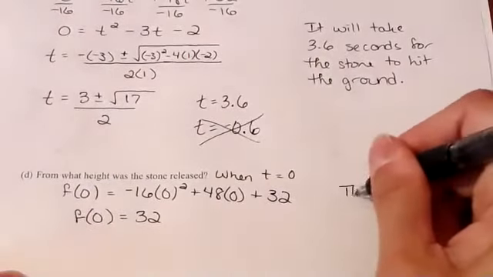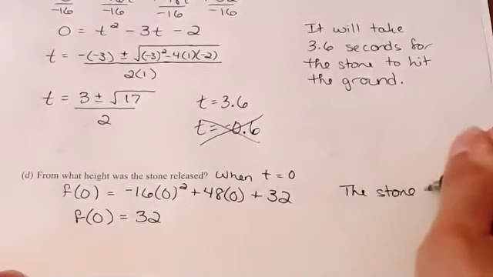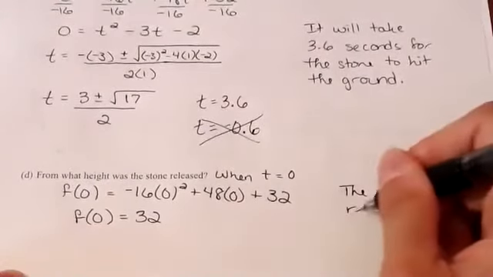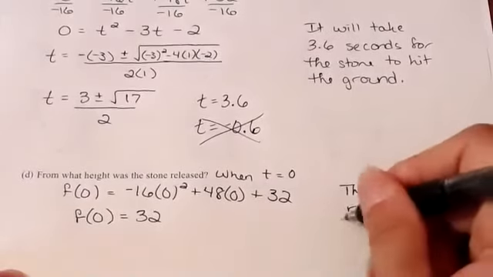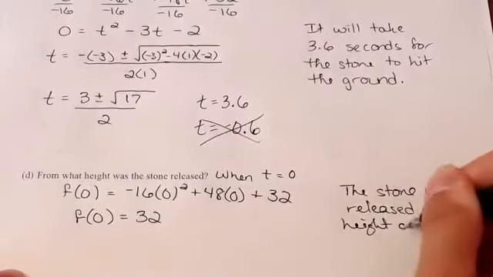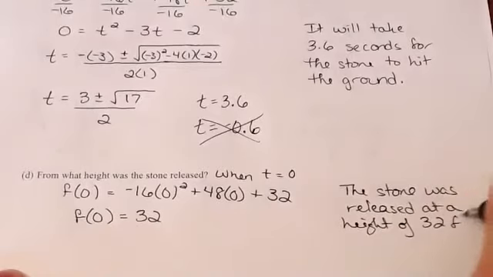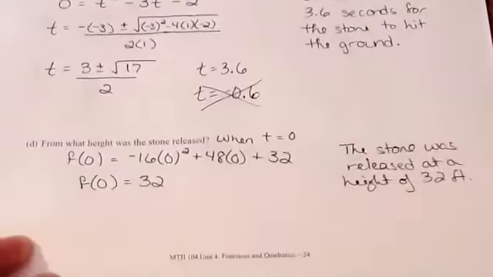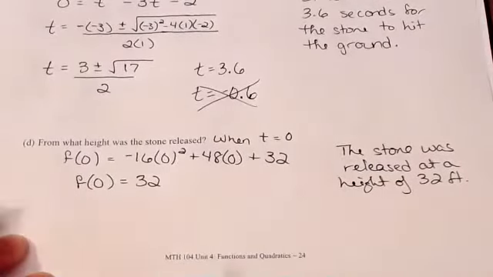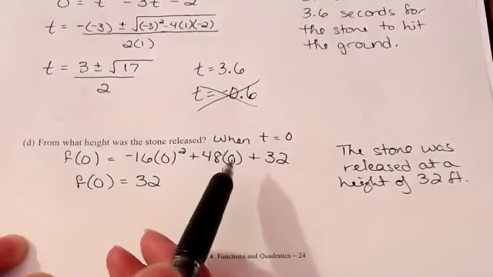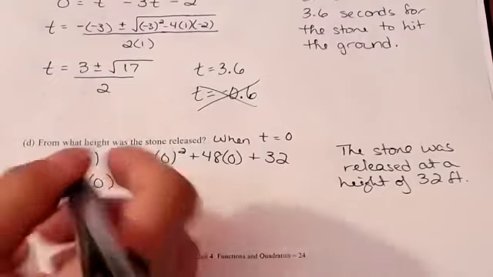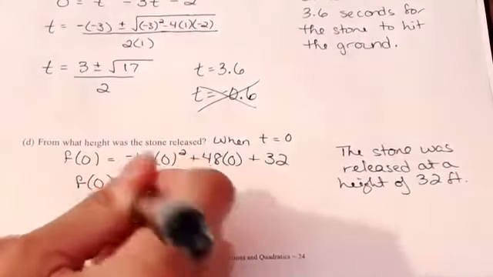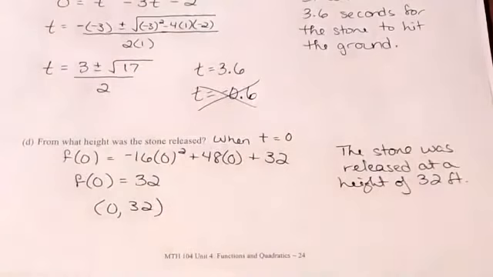So the stone was released at a height of 32 feet. When time is 0, the height's 32. Look at this ordered pair. It's a y-intercept.